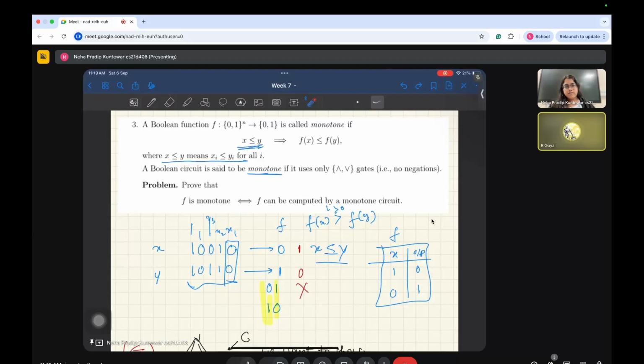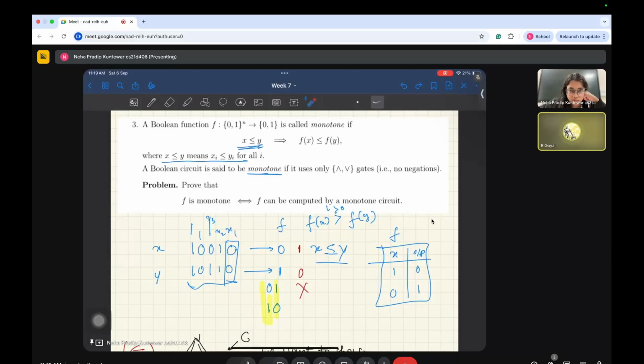So if this inequality is holding true, and till xn minus 1 this entire thing is being followed, then for the remaining thing, we can achieve it by using the AND and the OR gates only.